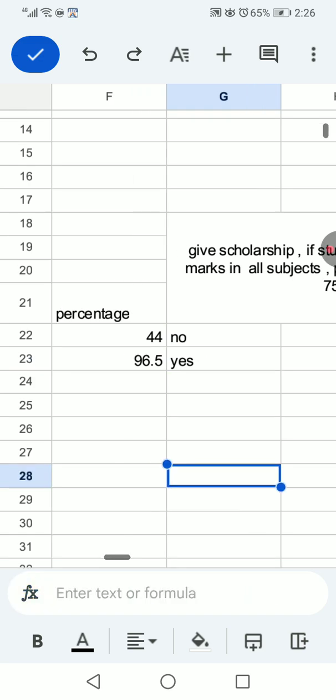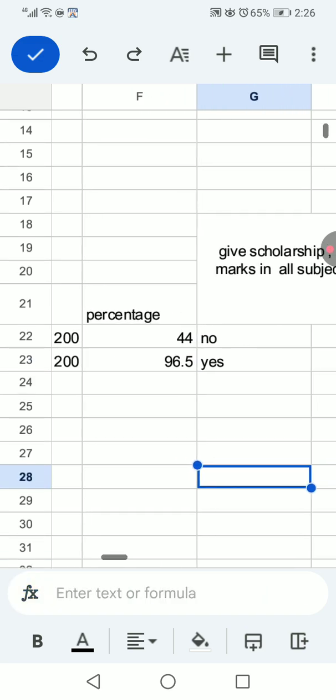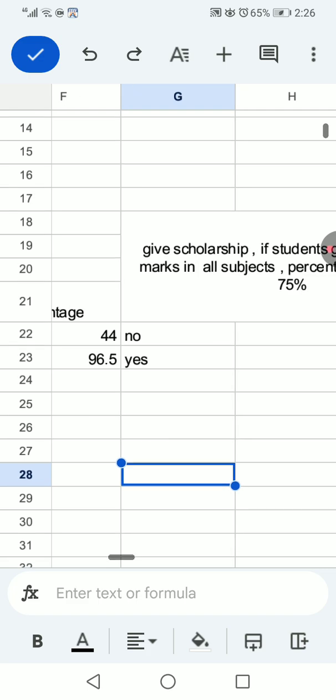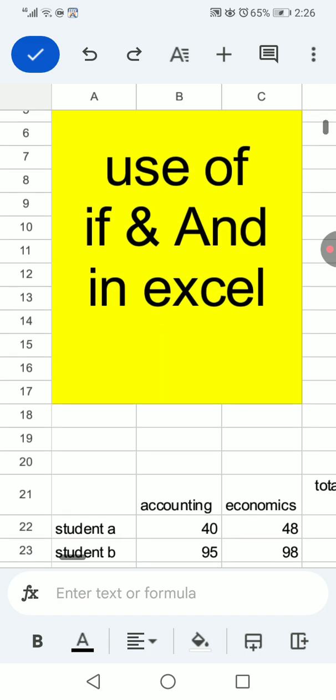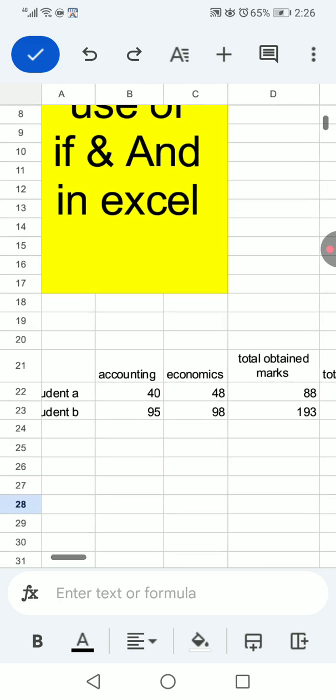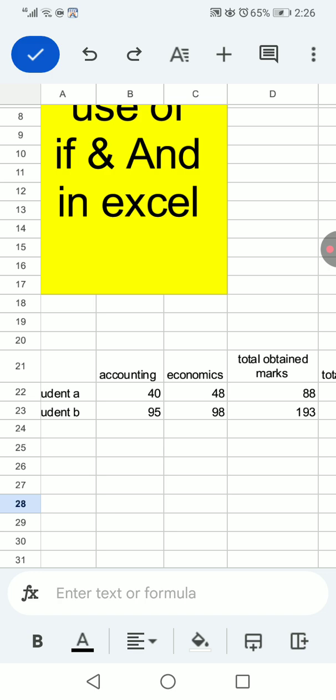Look here. I'm sure you people have understood and you have taken screenshots of the formulas where we have used two different criteria, IF and AND at the same time. I'm requesting you to please practice it more than once, and when you understand, it would be so much easier for you to use these formulas for different criteria.